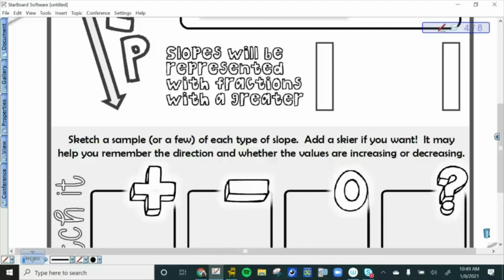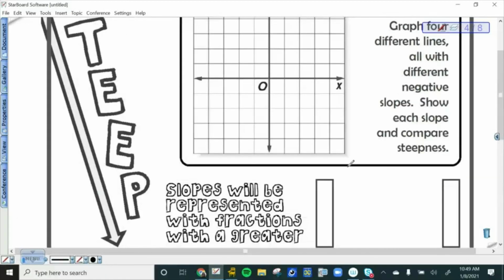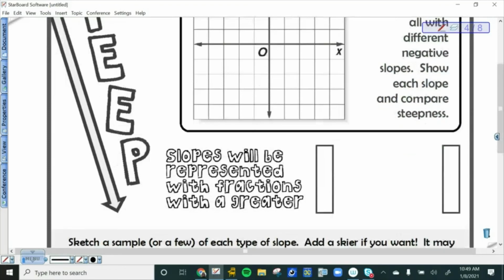Steep slopes will be represented with fractions with a greater absolute value. So it's just saying the same thing we covered on the last page, that the greater the absolute value, the steeper the slope.